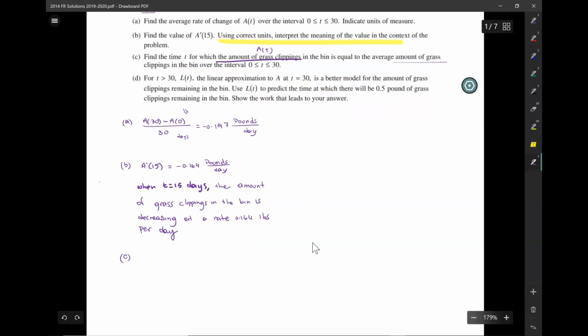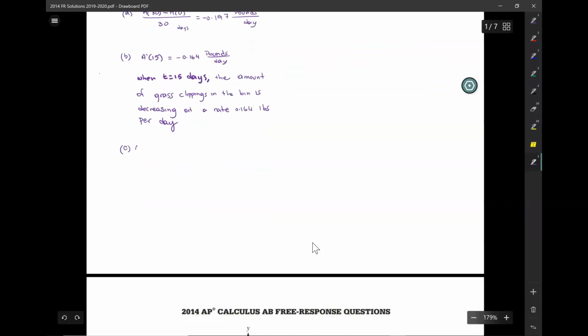So the average amount is equal to 1 over 30, integral from 0 to 30, of A of t dt.